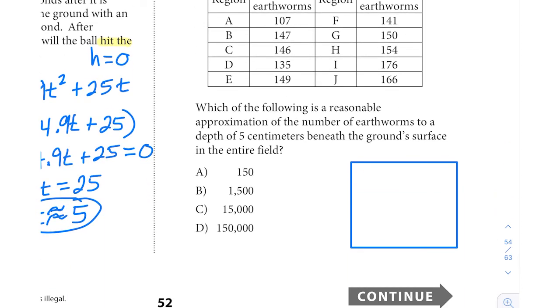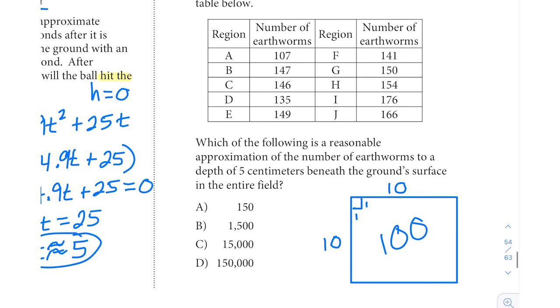So if this is 10 meters by 10 meters, each of these is just 1 by 1. So it's a tiny little portion of our entire field. And if each section that we have represented in the table is 1 square meter, our entire field is 100 square meters. So each of these is only 1/100th of our total. Our entire field would be 100 times the number of earthworms in each region that we have in our table.